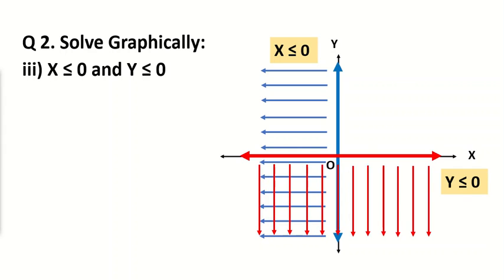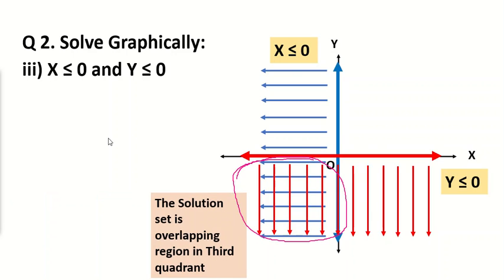Show the region: all points below the x-axis, because y is less than 0. Here I observe the two regions overlapping in the third quadrant. So the solution is nothing but the overlapping region, which lies in the third quadrant.